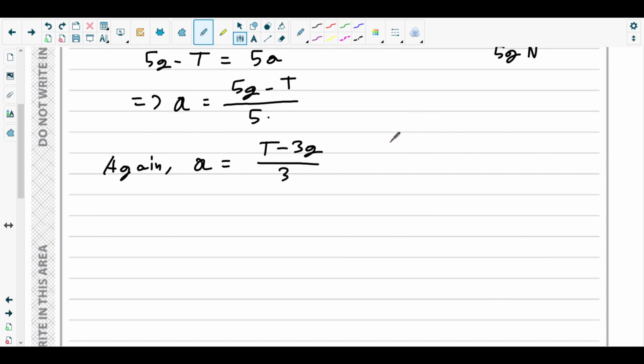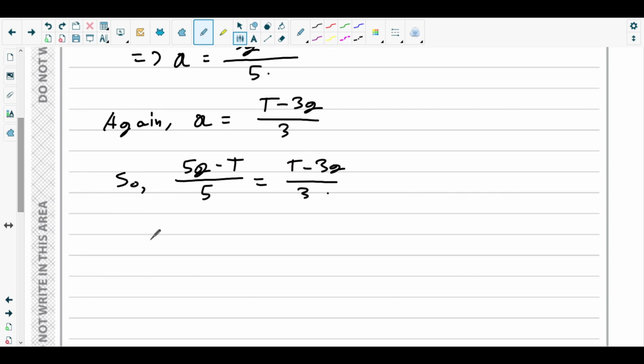We got two equations for acceleration, right? These are both equal because the string is light, inextensible and it is connecting both the particles P and Q. So (5g minus T) over 5 equals (T minus 3g) over 3. Now cross multiply.